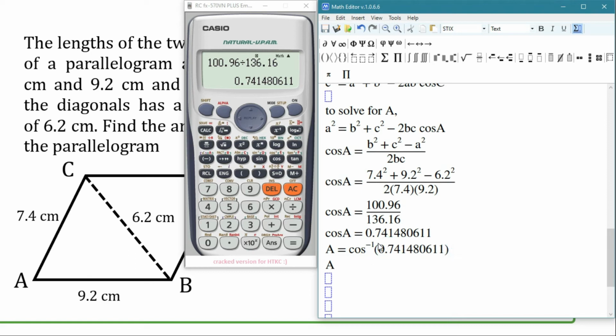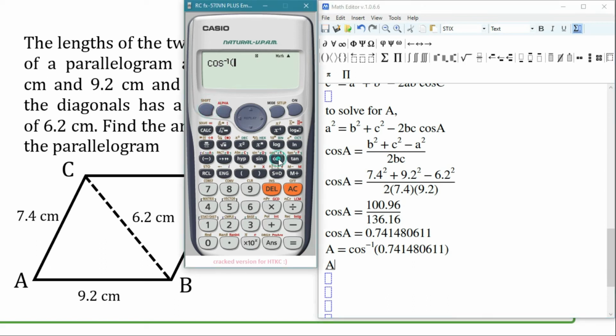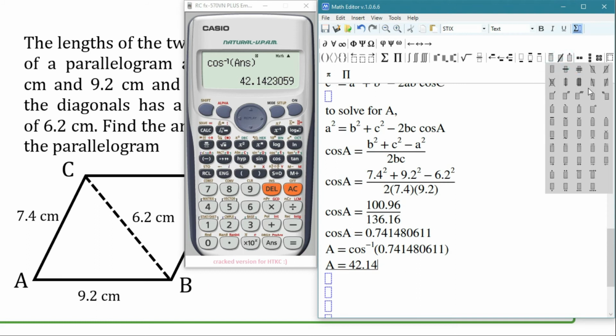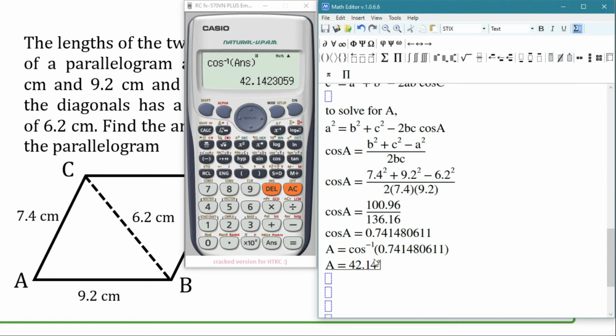And then, plugging this to our calculator, wag muna natin tong i-on para hindi siya ma-reset. So, we have shift cos of the answer kanina. So, that is equivalent to 42.14. Okay? So, angle A would be equivalent to 42.14 degrees. Okay? So, that would be the measure of angle A.